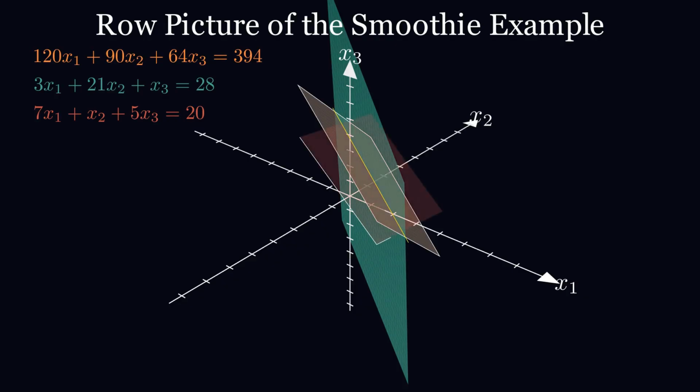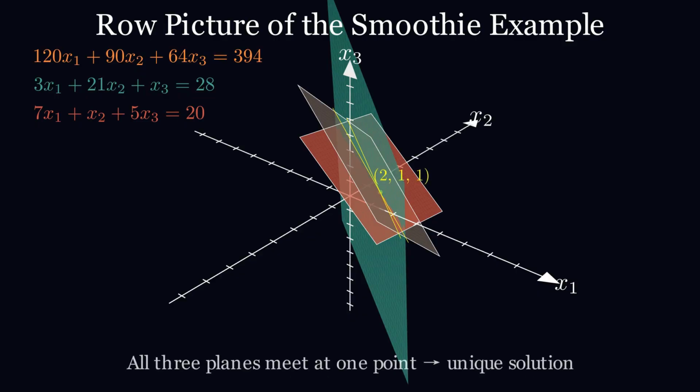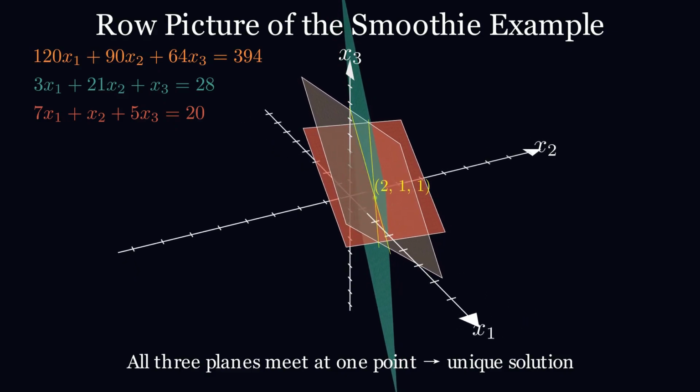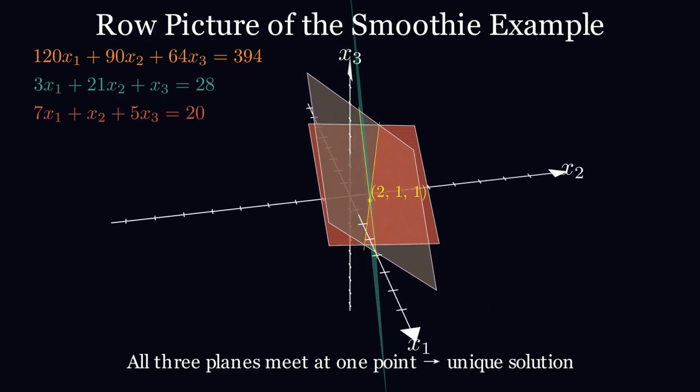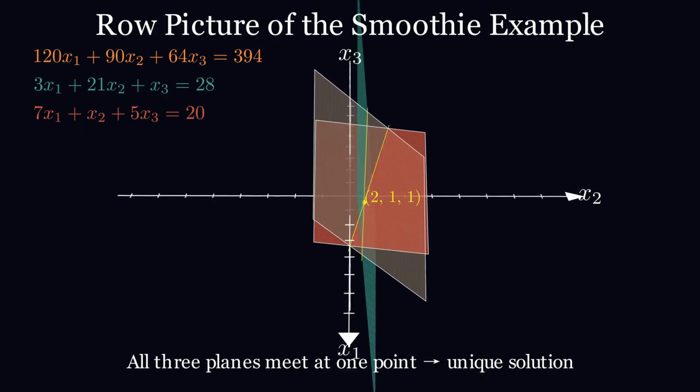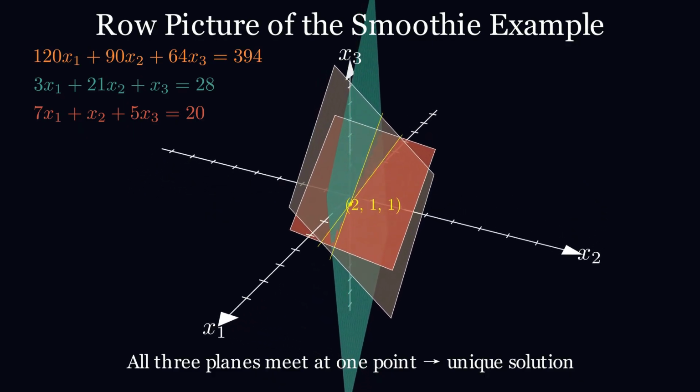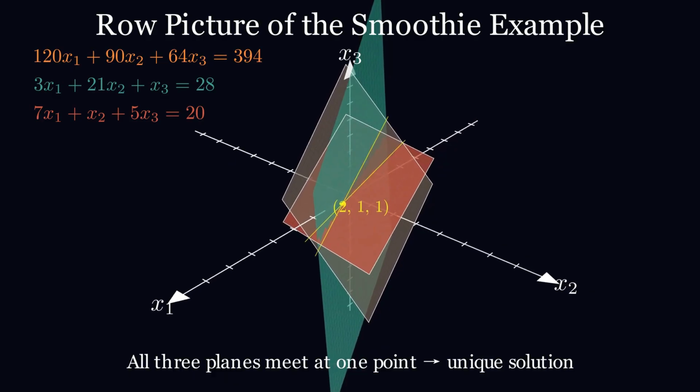Now, we add the third plane, which cuts that line at exactly one point. So out of all the points that satisfied the first two equations, only one also satisfies the third. This point is exactly the solution we already found before. And now from the row picture, we can say that this is actually the only solution, or the unique solution.